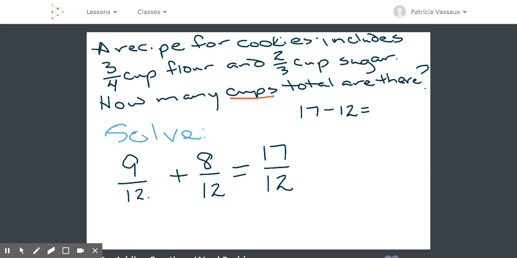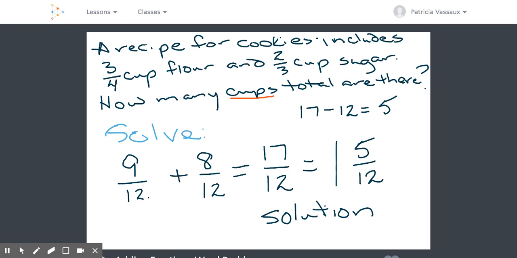We take 12 twelfths out. And then what's left over? 17 minus 12 is 5. So we have 1 and 5/12. This is what we call our solution. It's not our final answer until we put the units. So 1 and 5/12 of a cup is our final answer.